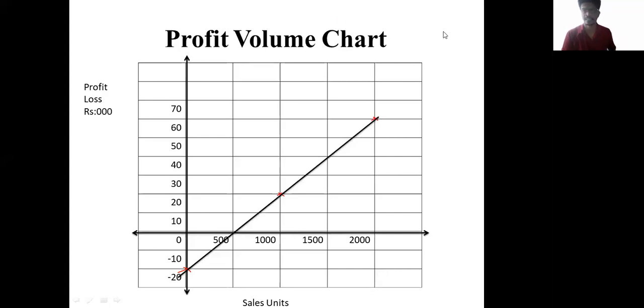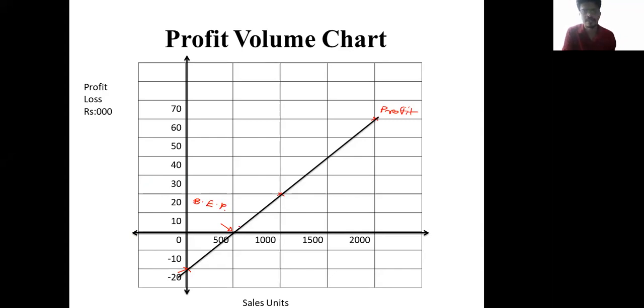Then the profit curve will be like this. Let's check. Yes. Let's name it as profit, and the condition is profit or loss should be equal to 0 at break even point. Then this is the break even point.